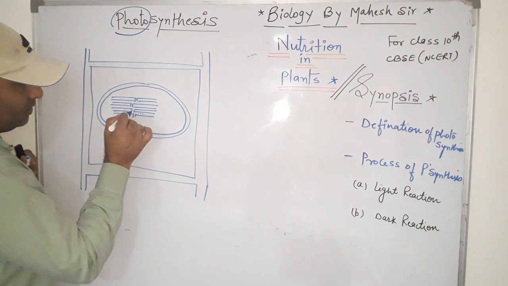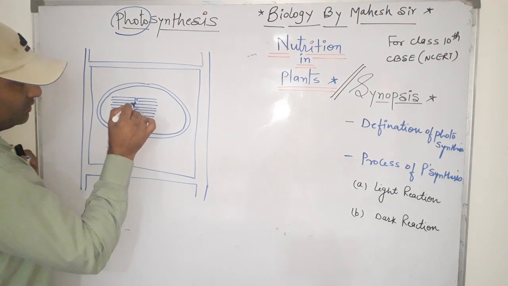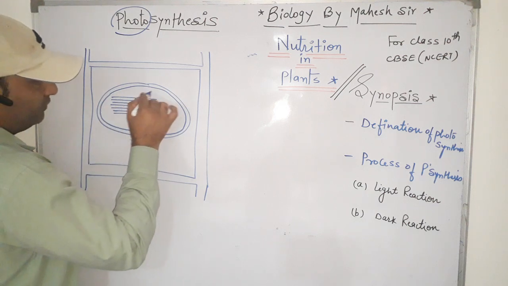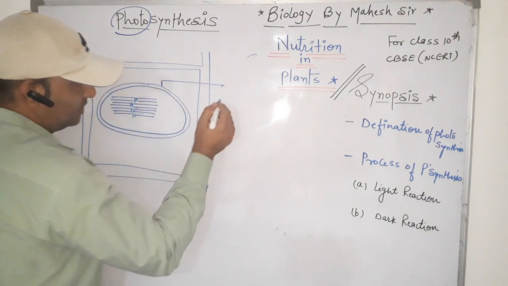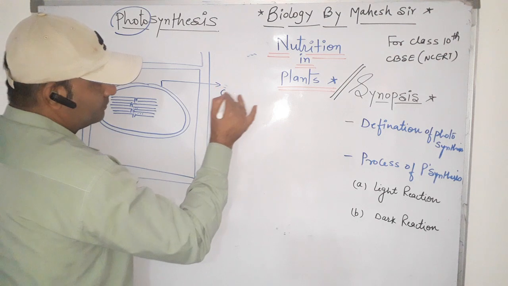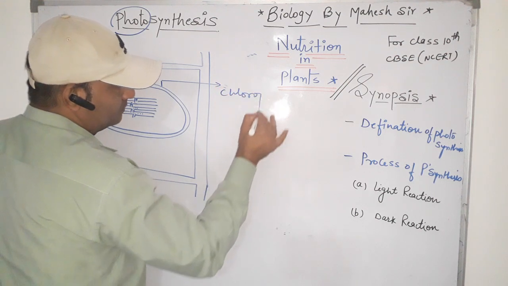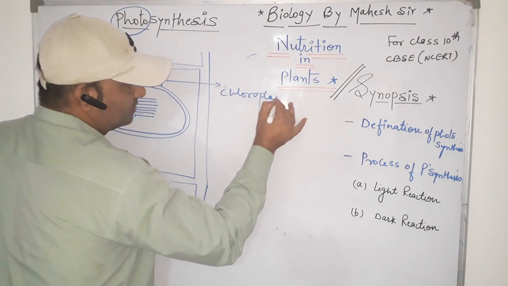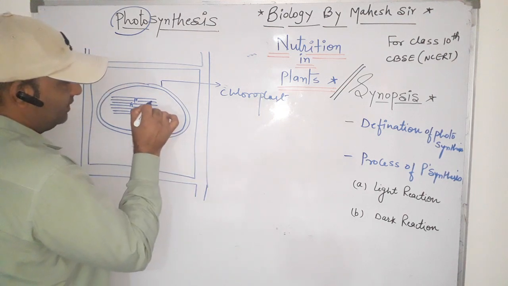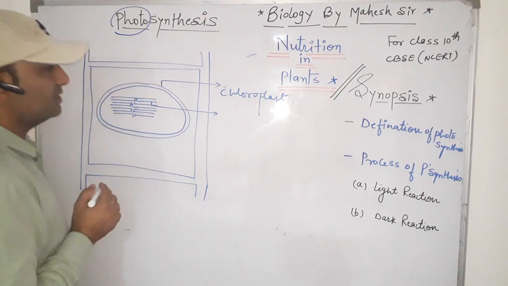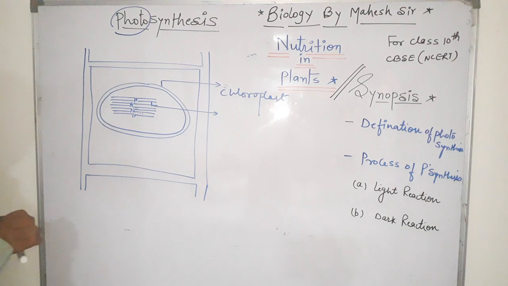The area of the thylakoid contains dotted structures. So first the structure is called the chloroplast. After that, the stack-like structure is called grana.